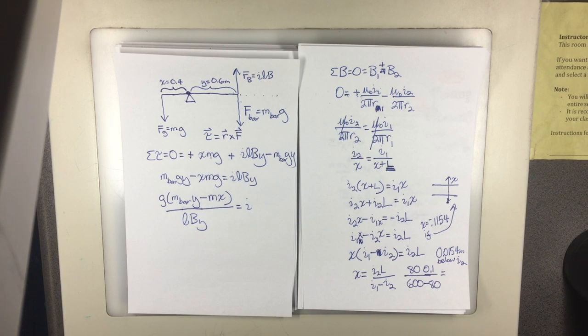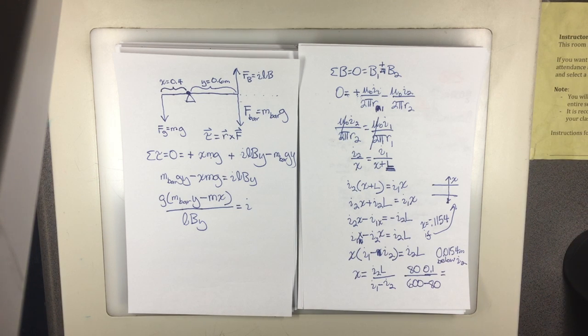Where was I? 2 times 0.6 minus 0.2 times 0.4, times 10, divided by, oh, and then what's L?